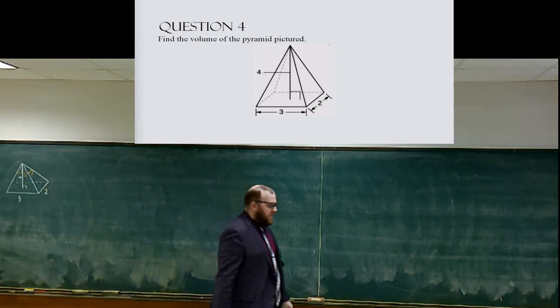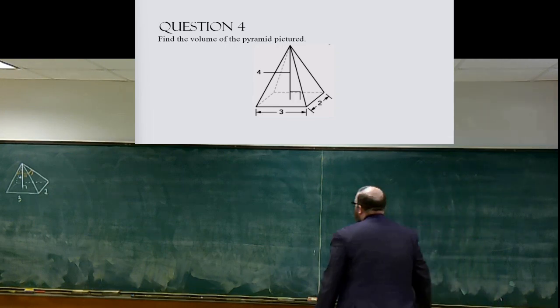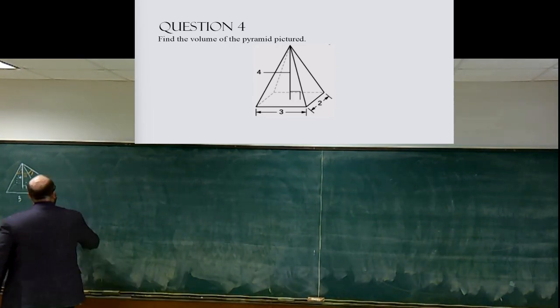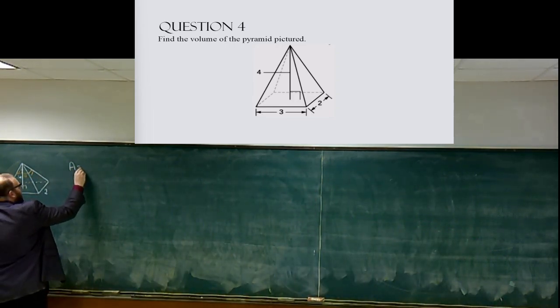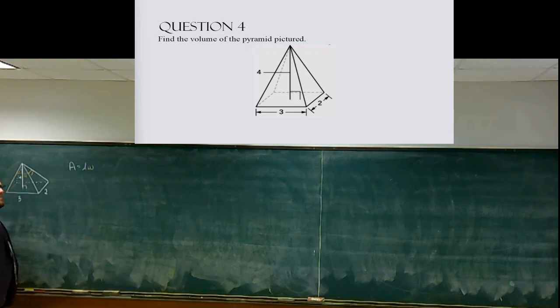The area of our cross section is L times omega.